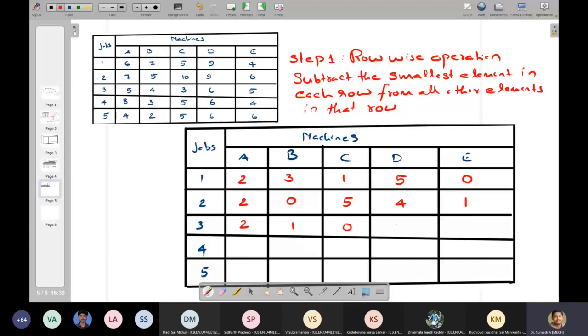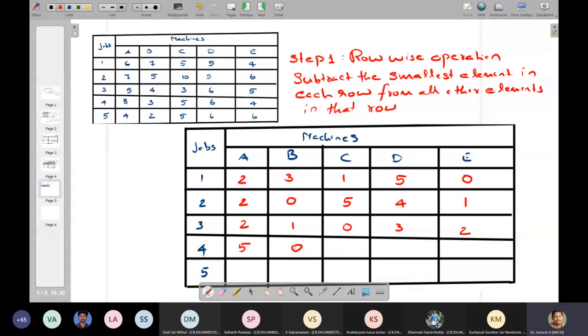Fourth row, the minimum value is 3 again. So 8 minus 3 is 5, 3 minus 3 is 0, 5 minus 3 is 2, 6 minus 3 is 3, 4 minus 3 is 1. Next, the lowest is 2.